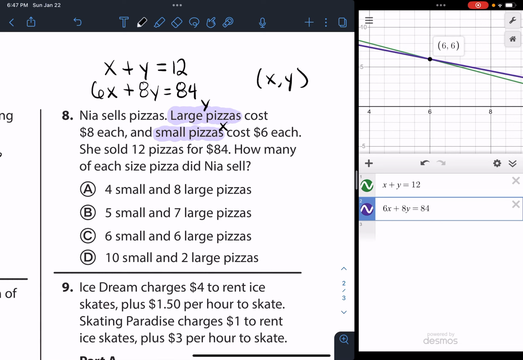That means our small pizzas is 6, and our y, which is our large pizza, is also 6. There's only one option down here, y'all, that says 6 and 6. You have 6 small pizzas, 6 large pizzas. That's what the information that we just graphed told us. And it's a done deal. We got it.